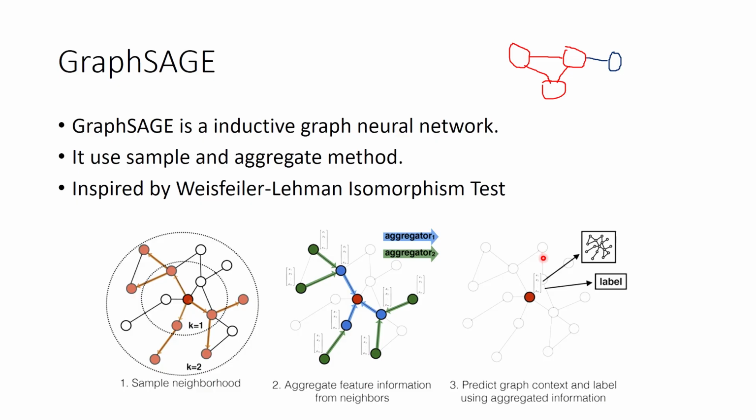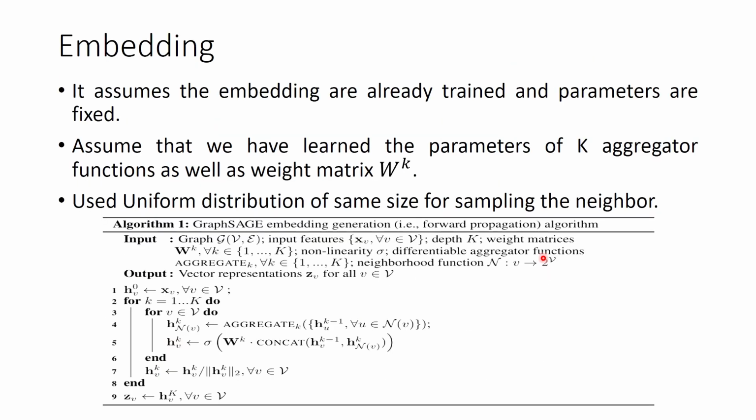Now we will talk about the background, and first we will talk about its embedding. What are its embeddings and how we generate them. It assumes the embeddings are already trained and parameters are fixed.